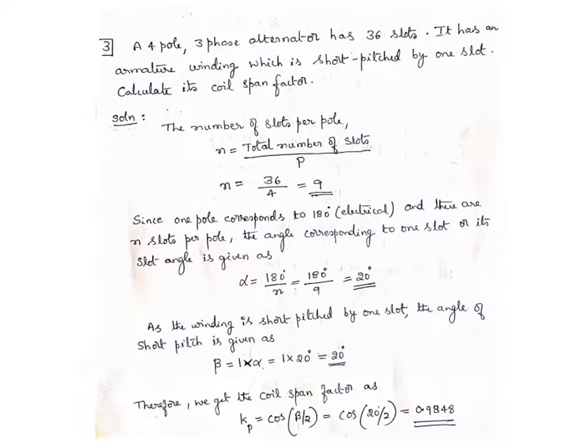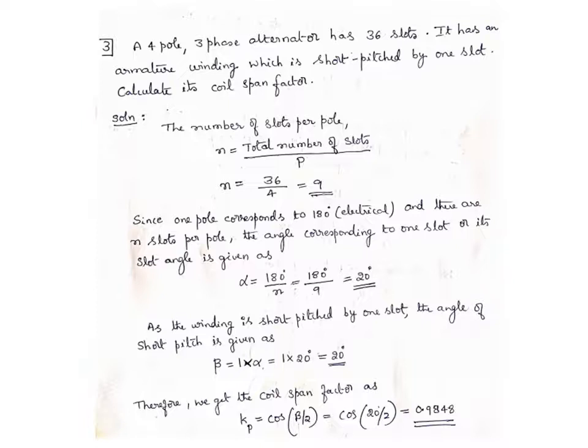If it is a full pitch coil, you connect the total 9 slots, from the first slot to the 9th slot. Then the angle is 180 degrees. So 180 degrees divided by n gives 20 degrees. Alpha is 20. What do you mean by alpha? It is the slot angle.